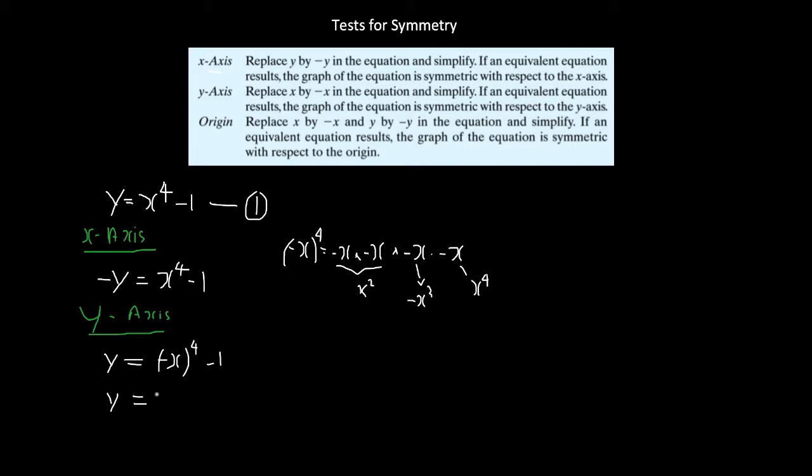So this is x to the power 4 minus 1. Now you see equation number 1 and the equation we have here are the same. So, we can say this is symmetric with respect to the y-axis.